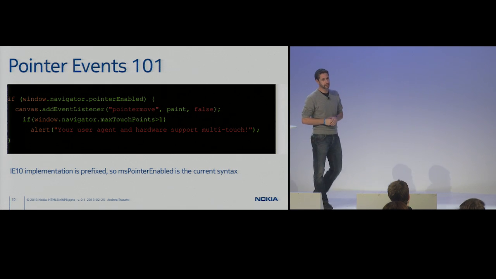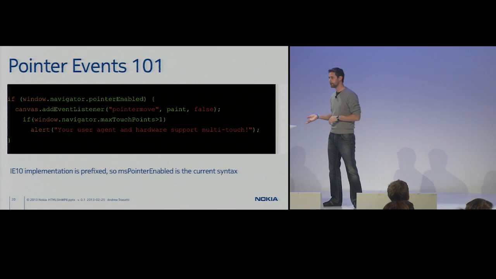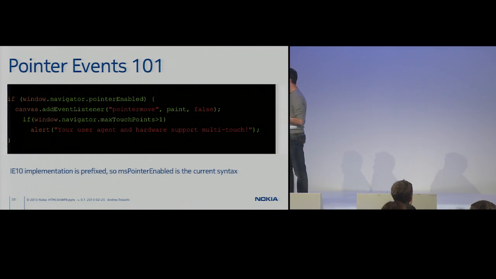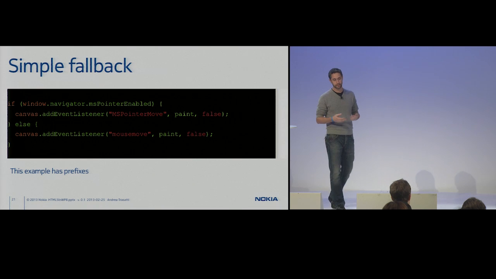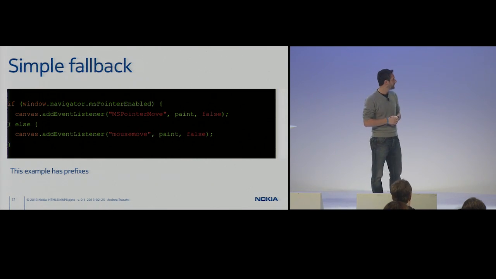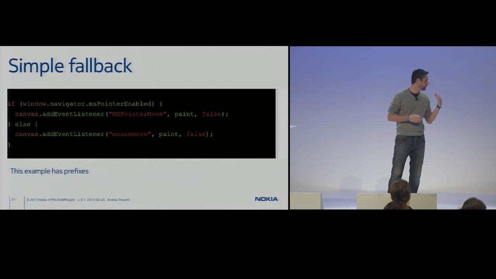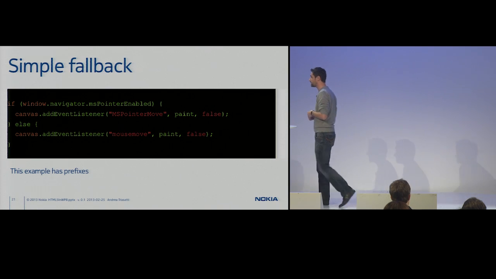And then max touch points is a new property that is added by the specification that tells me if the device supports multi-touch or not. In this case, it's simply if it's greater than 1, yes, it supports it. Of course, you need to take into account browser implementations that don't yet support this, so you need to have a fallback. And in this case, I'm using the MS prefix because that's what is today implemented in IE10.